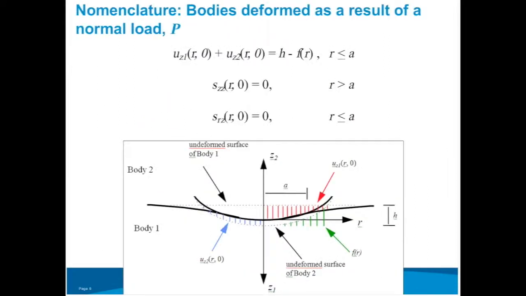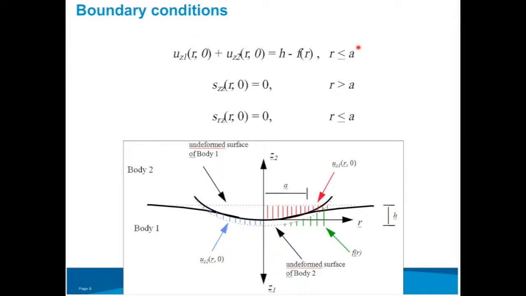Okay, so these are the boundary conditions that are used to come up with this solution. One of the boundary conditions, of course, is frictionless contact. And so as you move away from that assumption, this equation becomes less and less relevant. So that would be one situation where this breaks down.